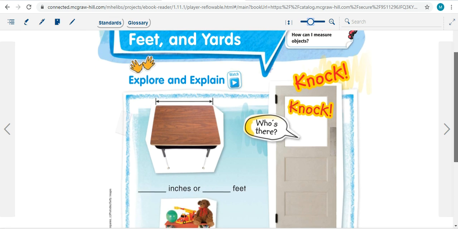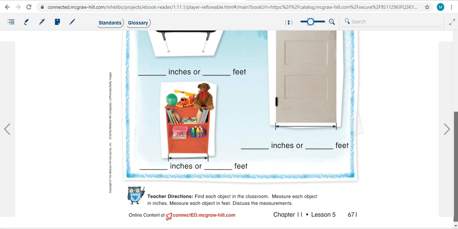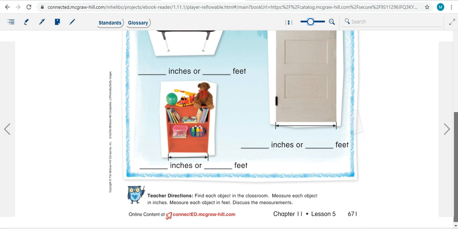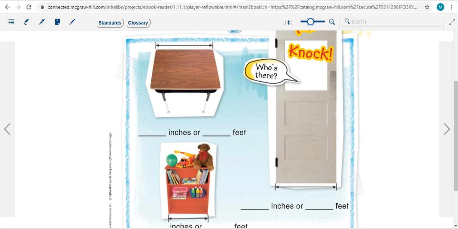Now let's see. Find each object in the classroom, measure each object in inches, and measure each object in feet. Discuss the measurements. This desk, how many inches do you think it is?